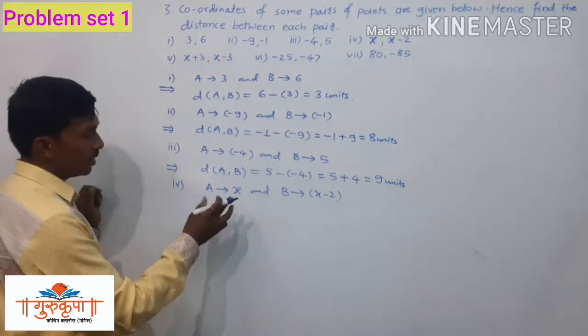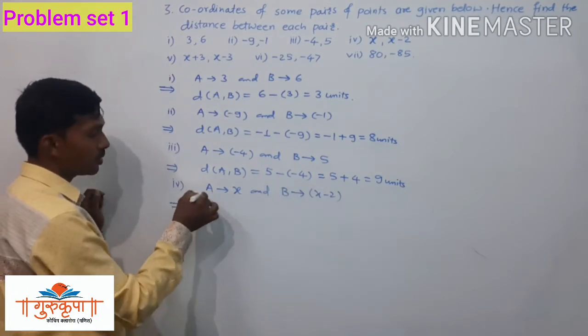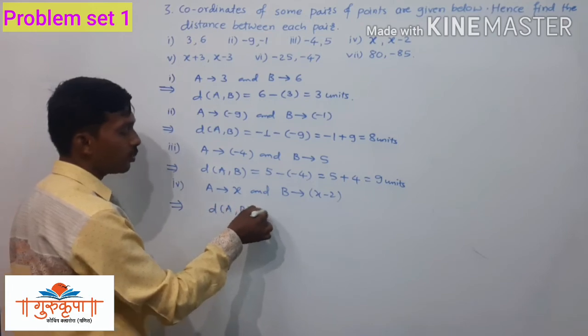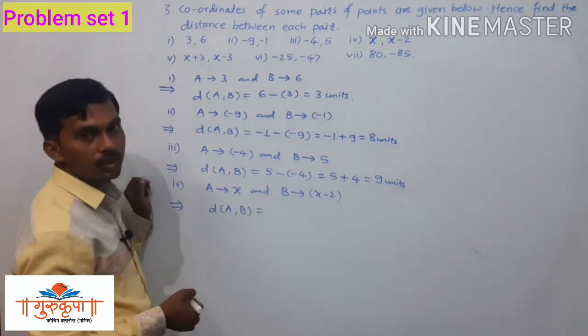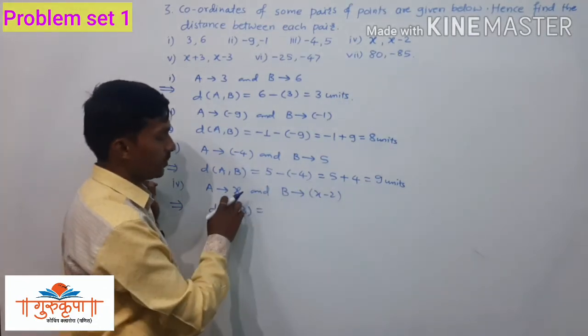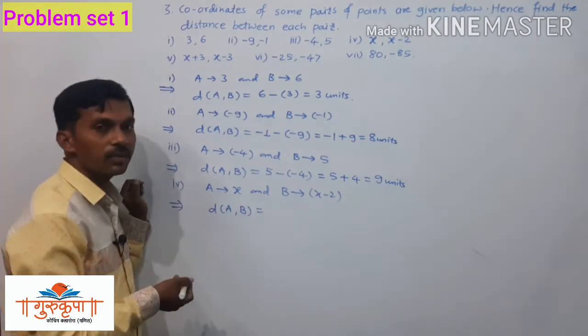So here the coordinate of point A is x and the coordinate of point B is x minus 2, and for finding the distance AB we have to subtract the smaller coordinate from the bigger coordinate, but here we don't know the value of x. So how will we determine which one is bigger and which one is smaller?